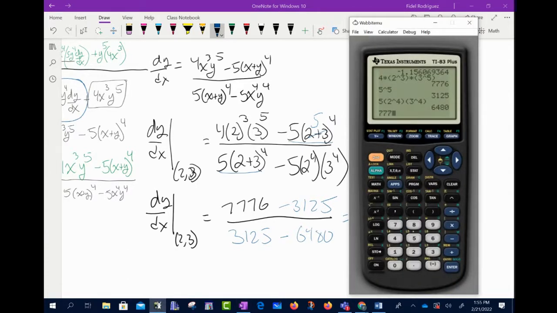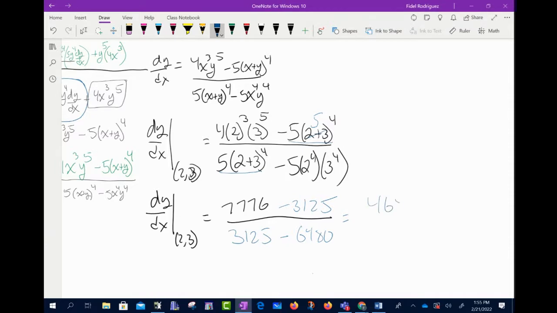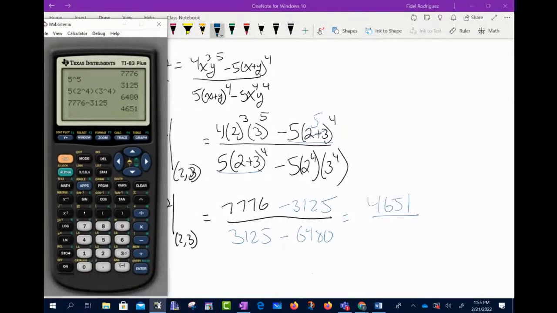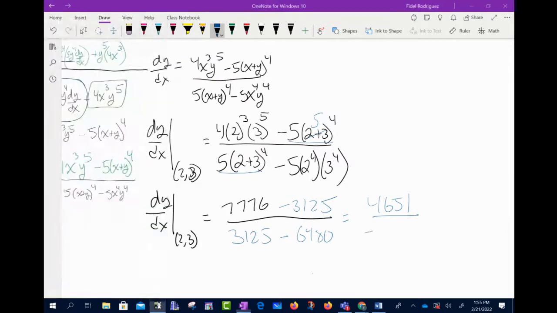All right, 7776 minus 3125 is 4651 upstairs, over whatever the bottom number is. It's 3125 minus 6480, which is negative 3355.